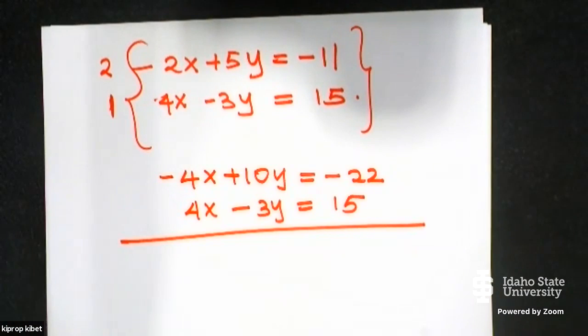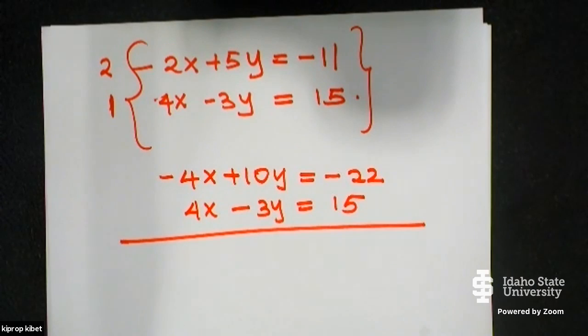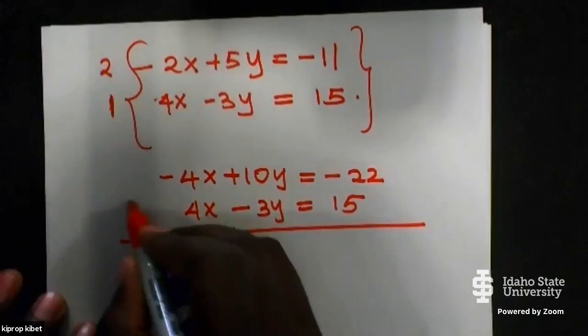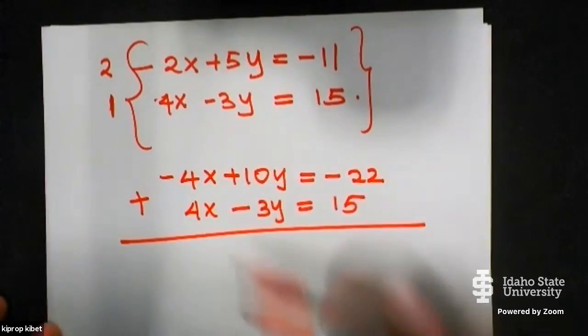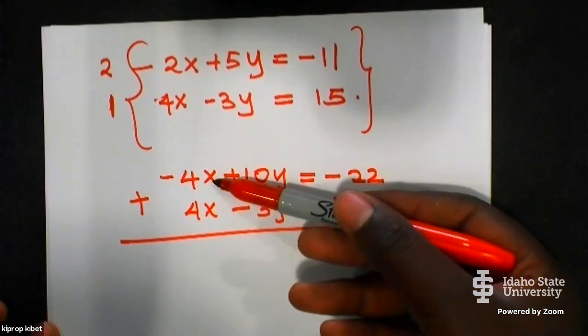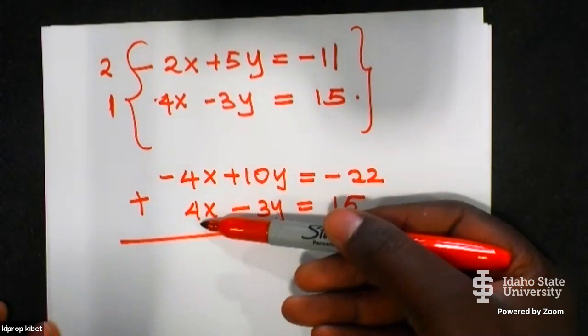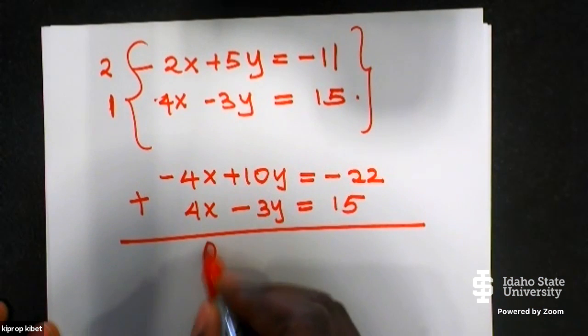So what do you do to remove the value of x there? We add the two equations. So minus 4x plus 4x is 0, right? So you get 0.